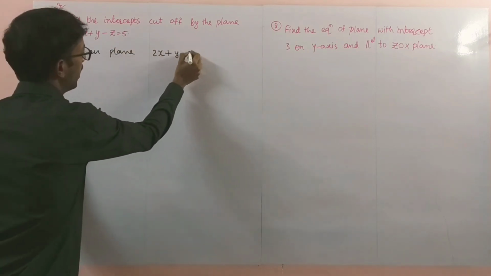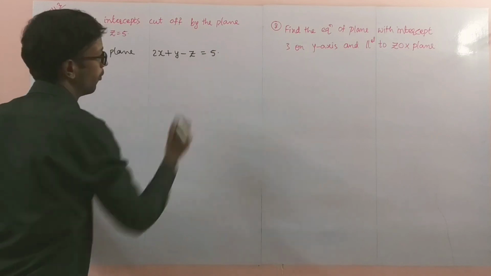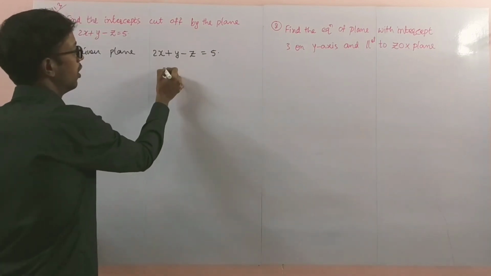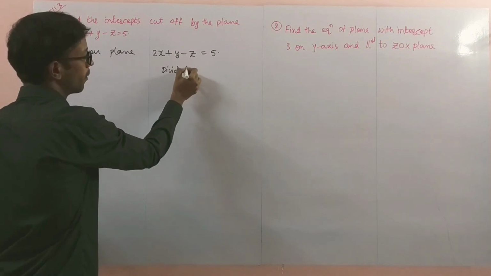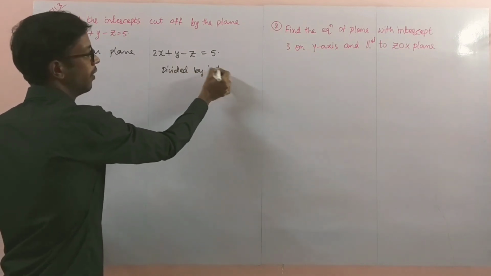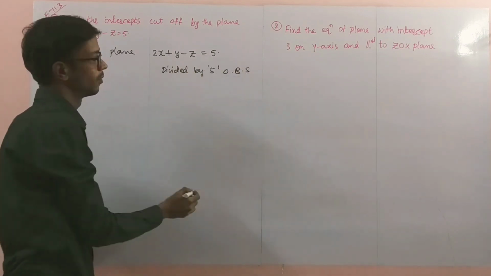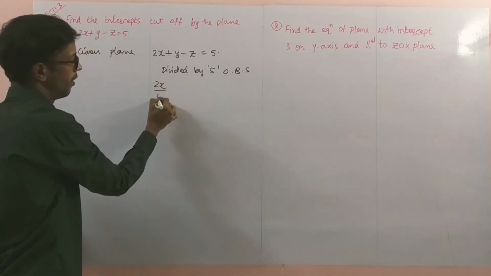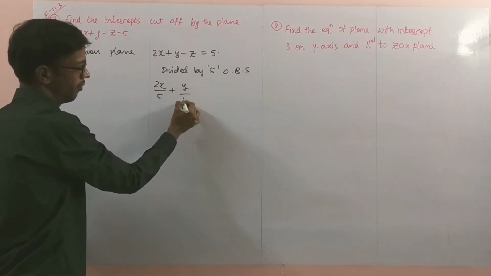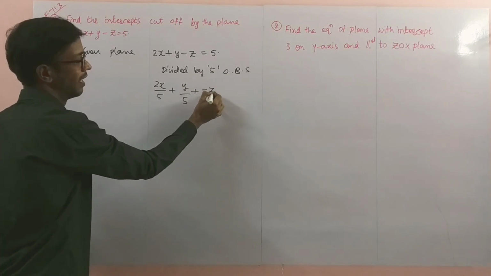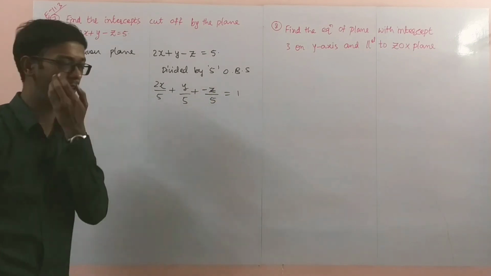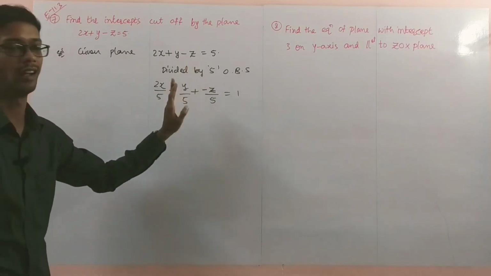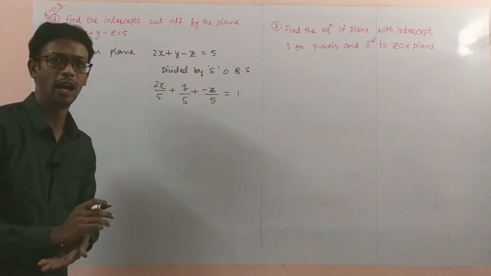2x plus y minus z equal to 5. So, divide by 5 on both sides. 2x by 5 plus y by 5 plus minus z by 5 equal to 1. I am writing here minus, I am writing plus into minus and again minus.